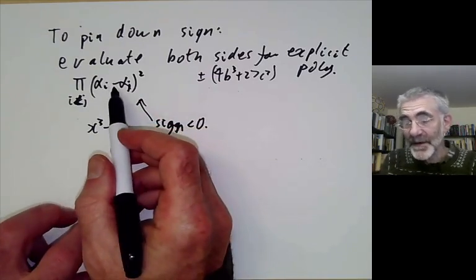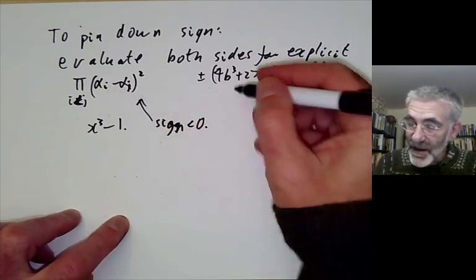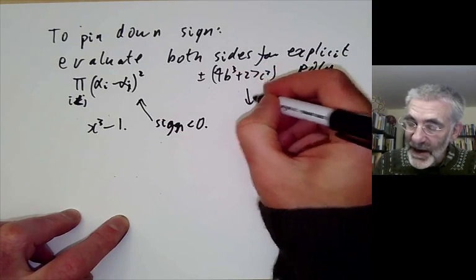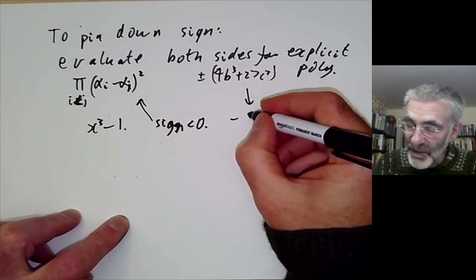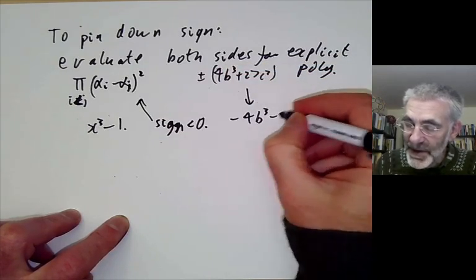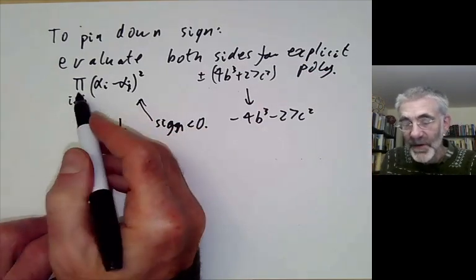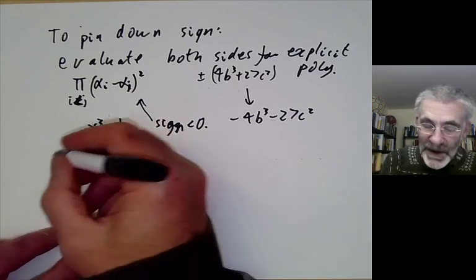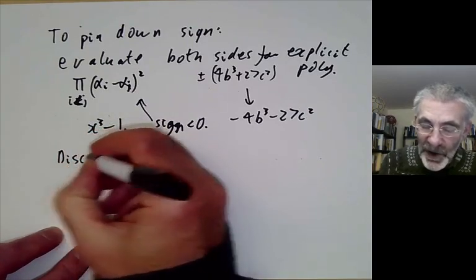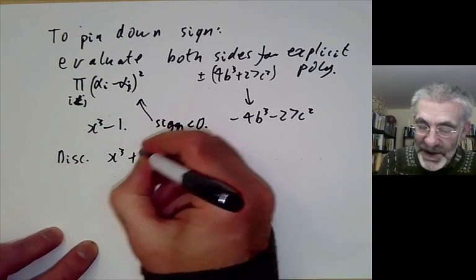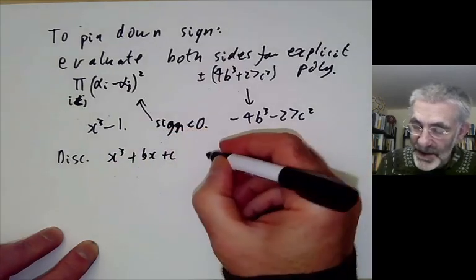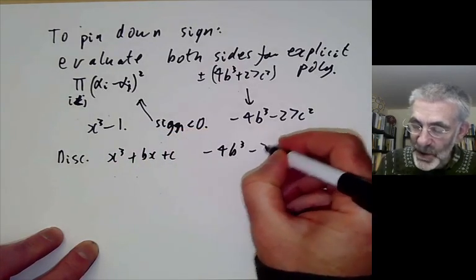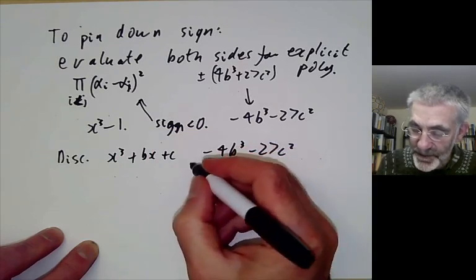It's definitely a negative number, and so we must actually have the minus sign here. We must have minus 4b cubed minus 27c squared, at least if we're using this as the discriminant. So we've now found the discriminant of the polynomial x cubed plus bx plus c is minus 4b cubed minus 27c squared.